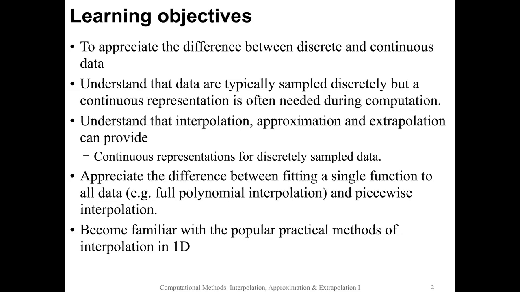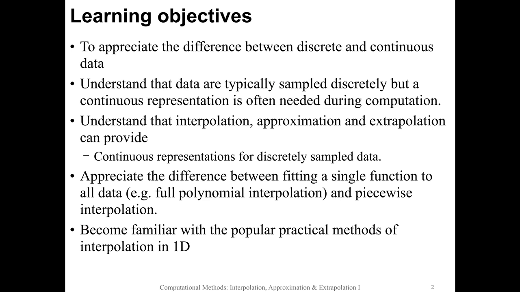This is just a slide to describe the learning objectives for the whole set, and also in the next lecture as well. The main learning objectives are really to get a sense of the difference between the way sometimes data are collected in a discrete setting, and the fact that sometimes we need a continuous representation of that data.